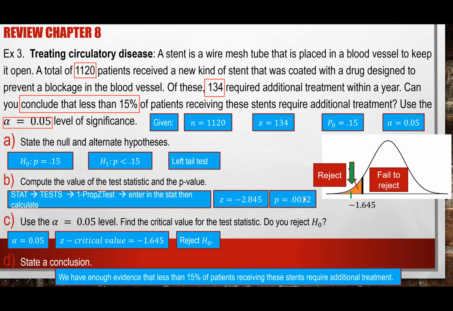Meaning, the p-value here is the probability of a type 1 error, which is very small. Type 1 is when the null hypothesis is true but we reject it.